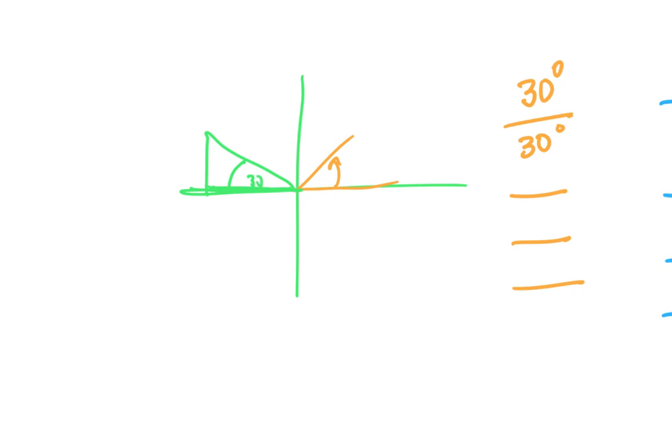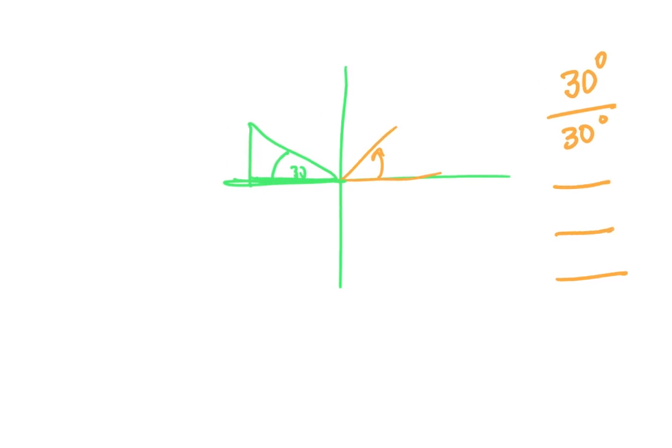Just watch for right now, okay? You don't need to write anything, just watch. If we're going back 30 degrees, what that means we need to do is 180 minus 30 in order to figure out what that 30-degree reference angle is in quadrant 2. So 180 minus 30, what does that give us? Yes, 150. Okay.